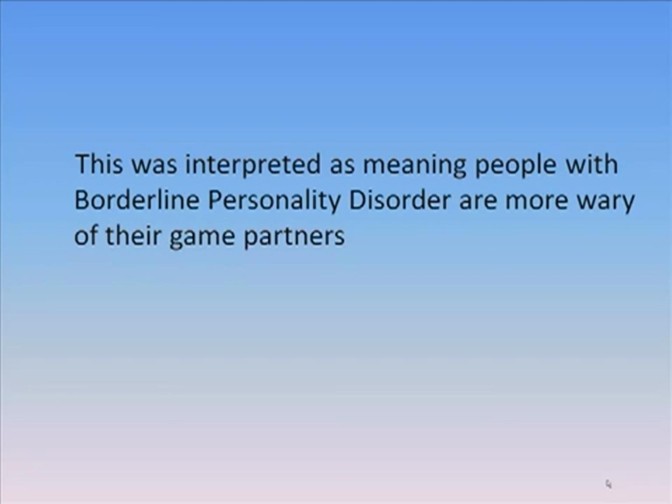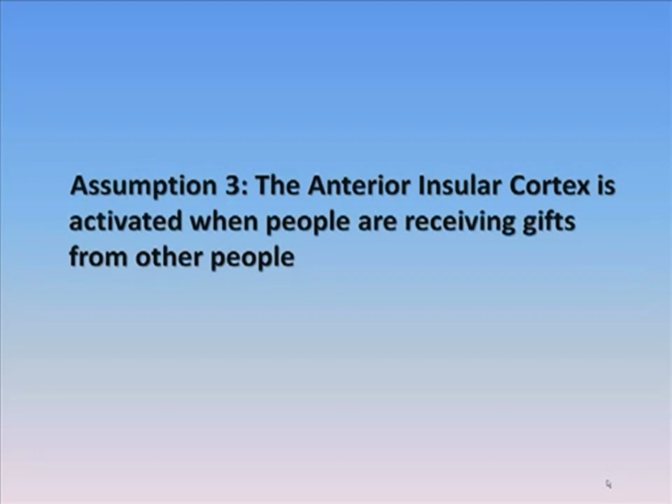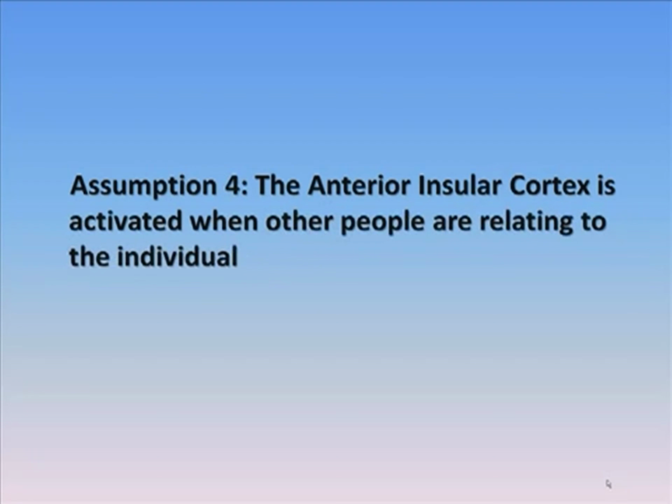This leads on to assumption 3. The anterior insular cortex is activated when people are receiving gifts from others. And to simplify it, the anterior insular cortex is activated when other people are relating to the individual.